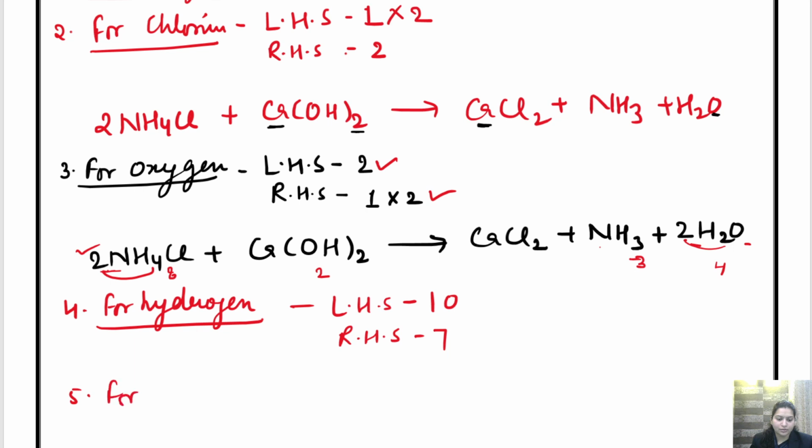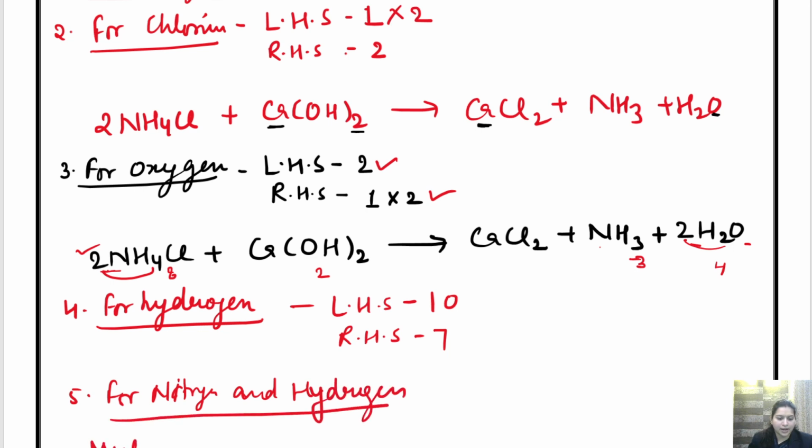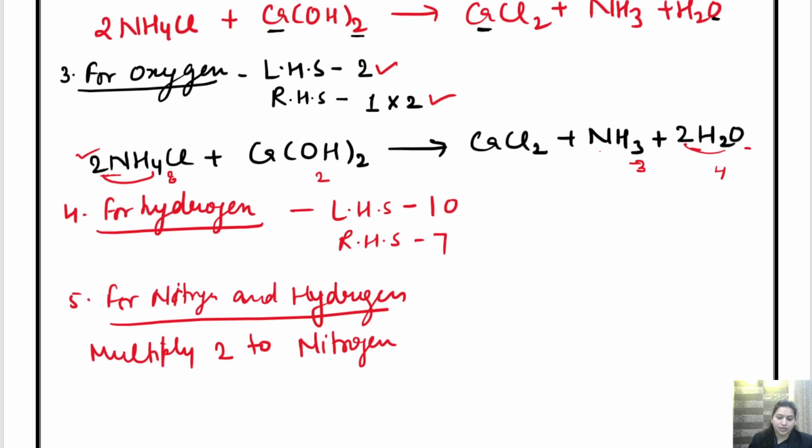So for nitrogen and hydrogen, what we are going to do? We will add or multiply 2 to nitrogen, that is in NH3. तो कैसे होगा?